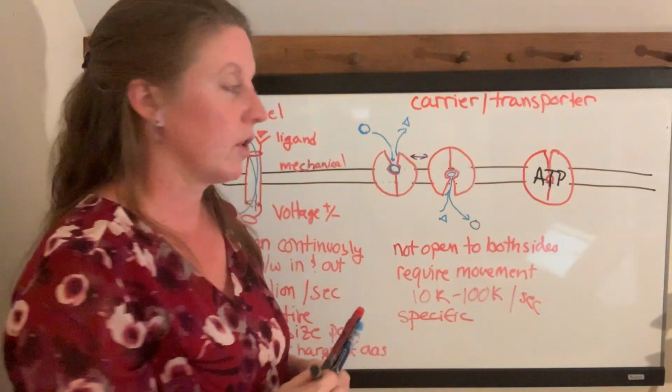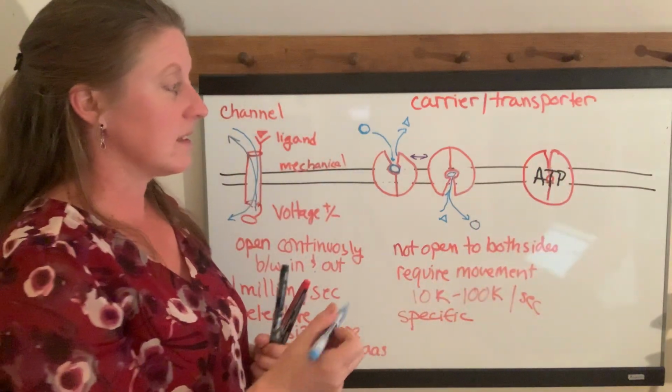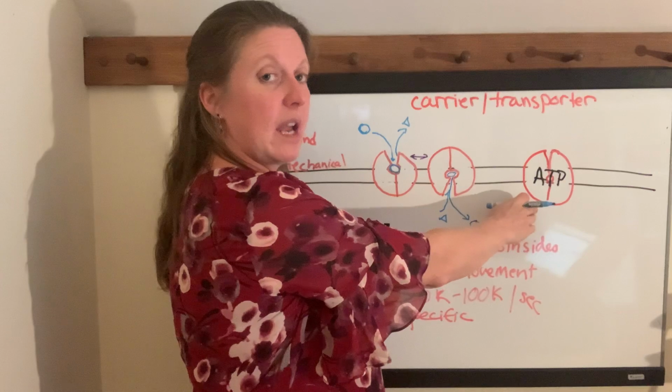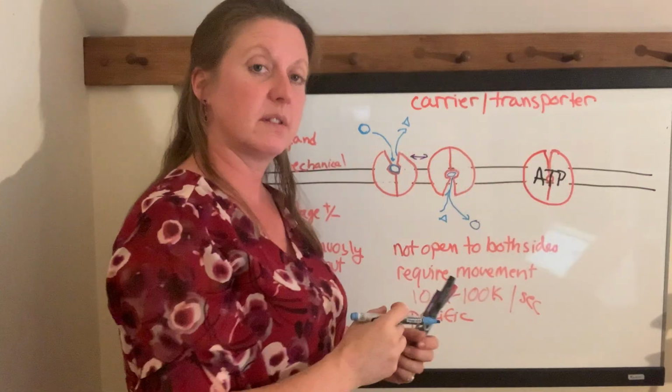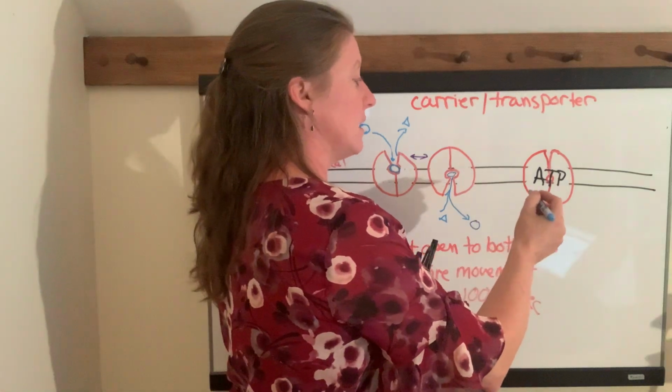So artists will draw this and we'll write ATP in here. And what that means is that this particular carrier, in order to move the substances that it is specific for moving, has to use a molecule of ATP.